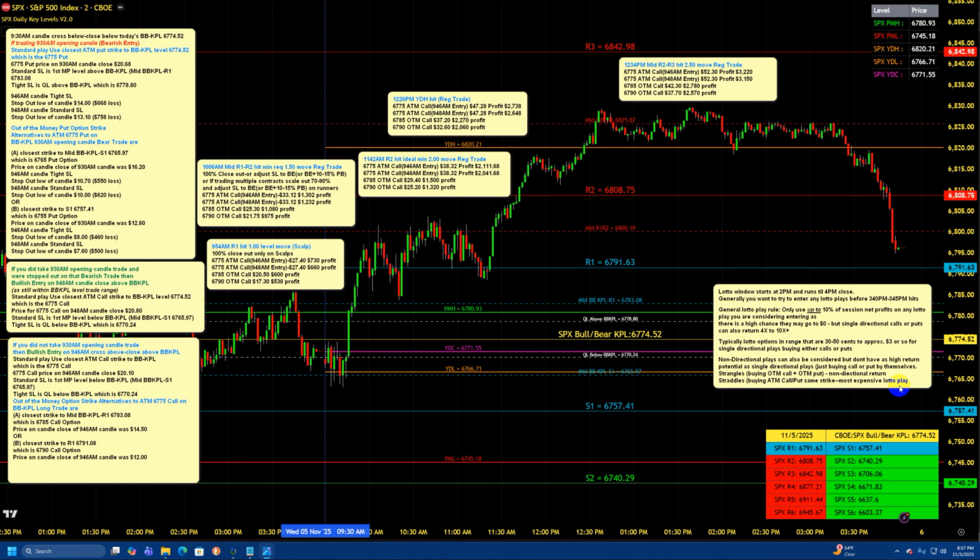So for example, just to give you an idea, the straddles that were in the last couple of candles today, say the last 5 or 10 minutes, were going for $4 to $5. So that's buying an at the money or nearest at the money to where price action is at that time.